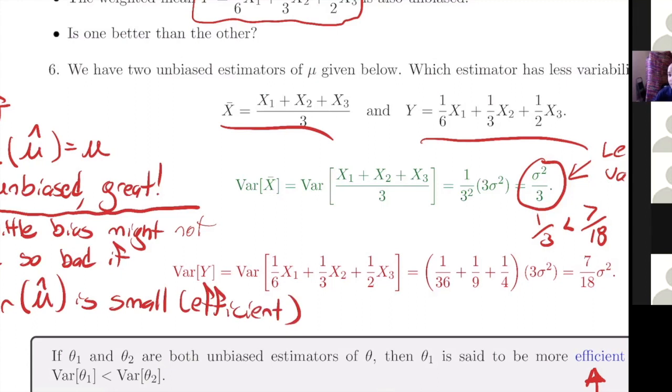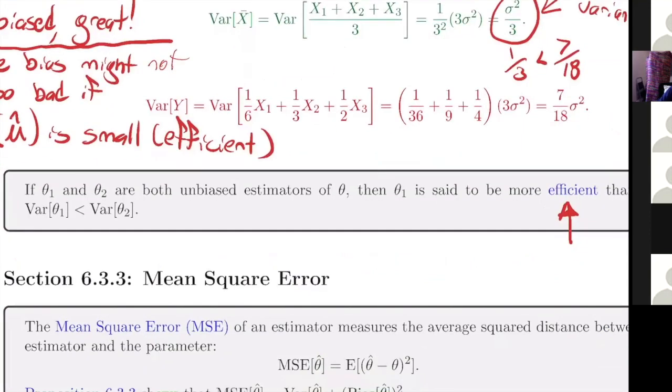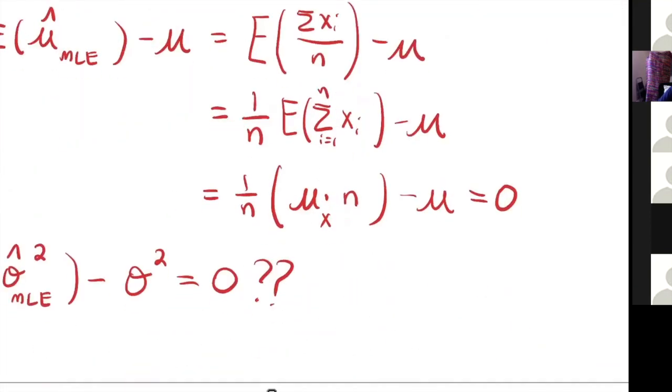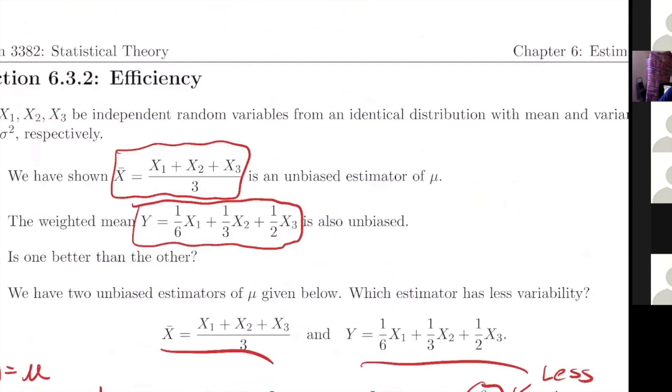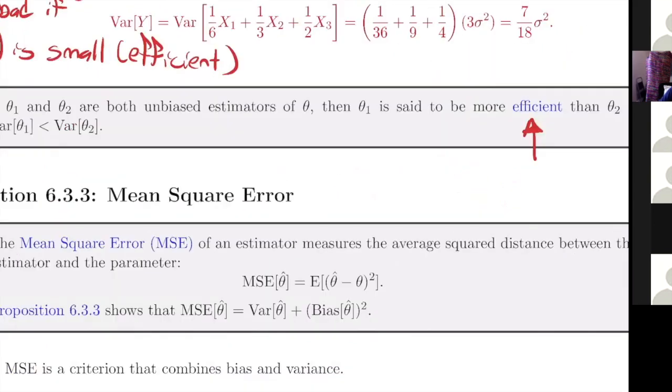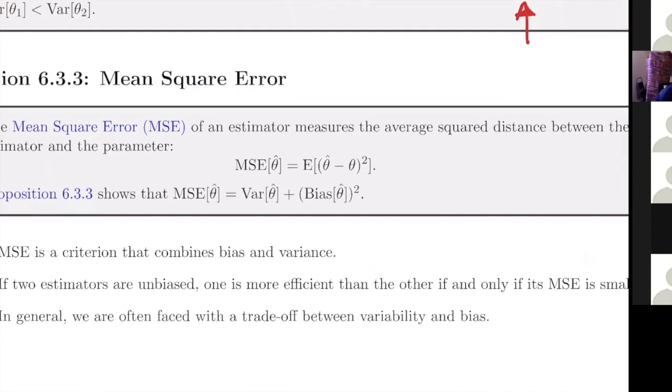So that's another property that we might be after. You might hear some people talk about estimators being efficient, and that just means they have a small variance. Okay, so that's kind of a new thing there. We haven't talked about the efficiency of estimators.